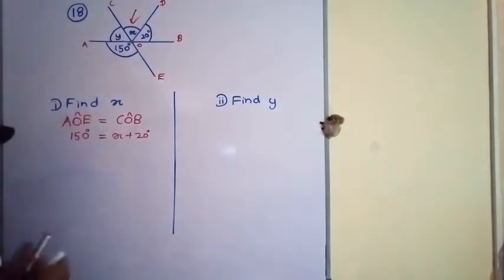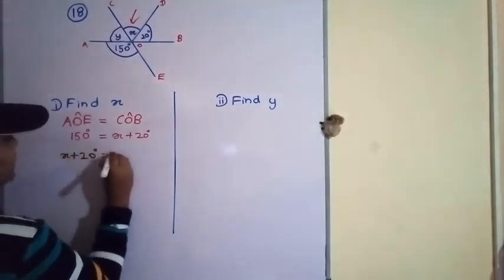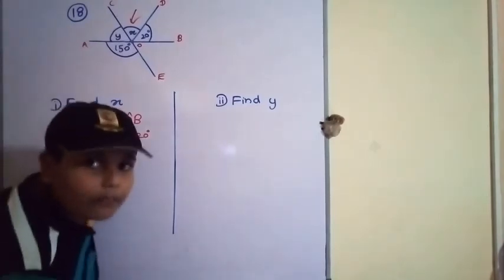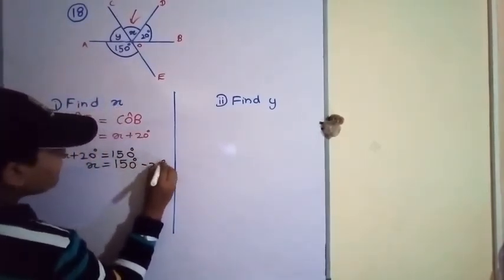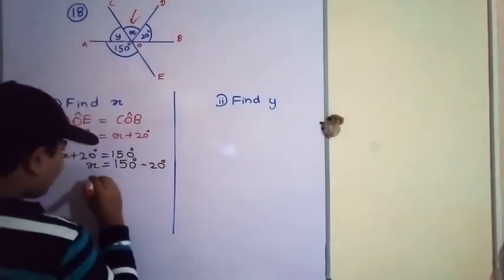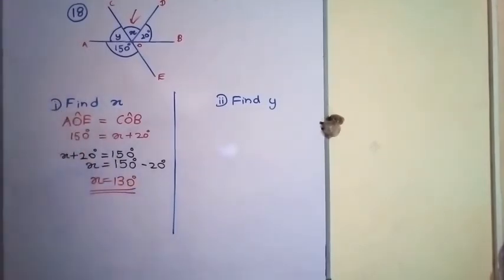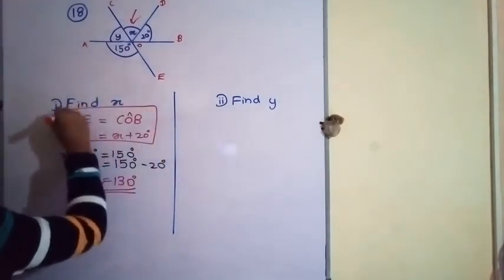Now x plus 20 degrees means 150. You want to subtract 20 from 150. 150 subtract 20 means what? X is 130. Right? X means 130.